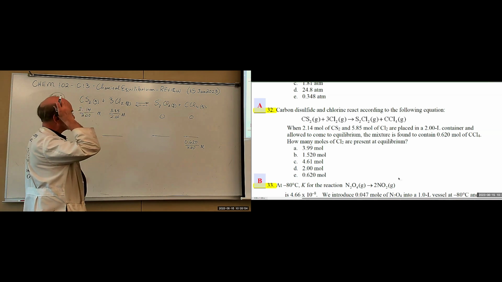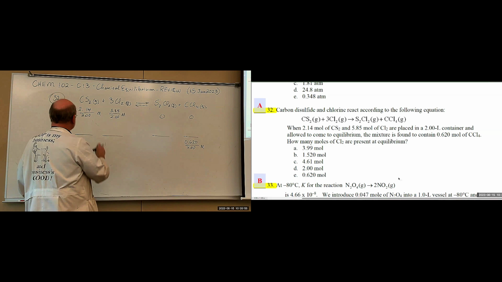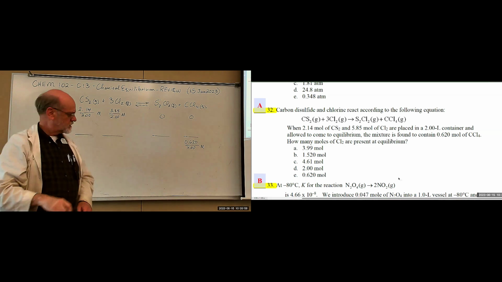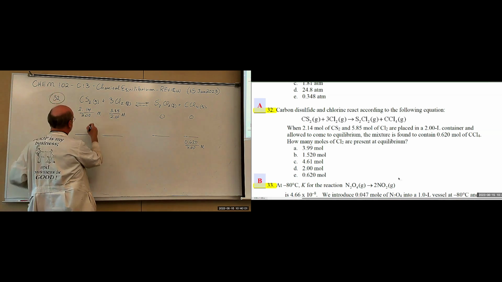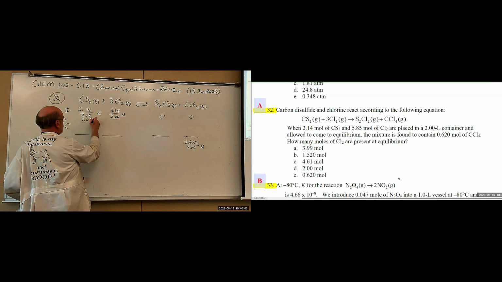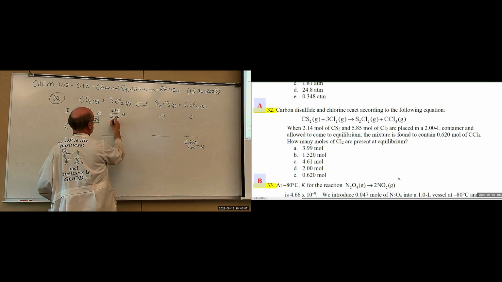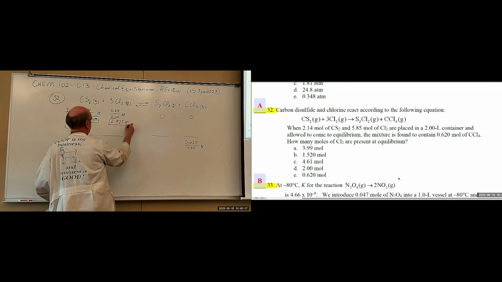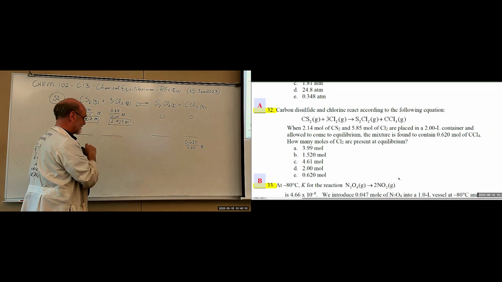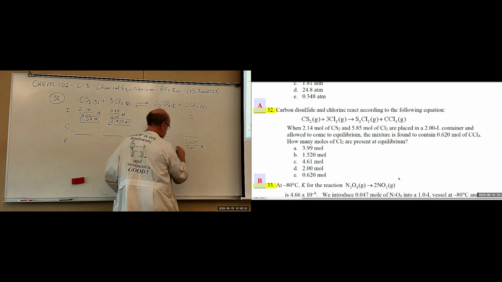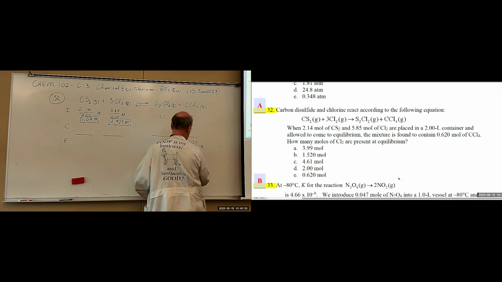All right. So let's calculate these values first. 2 divided into 2.14 is 1.07 molar, right? And 2 into this one is 2.925 molar. Okay. So how did we get to this one? Well, let's divide it to 0.310 molar.